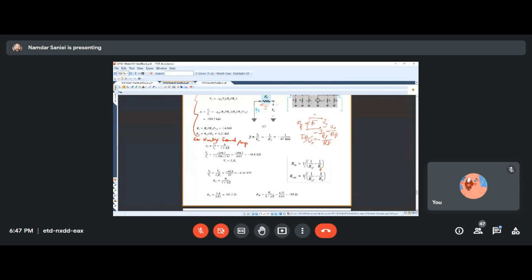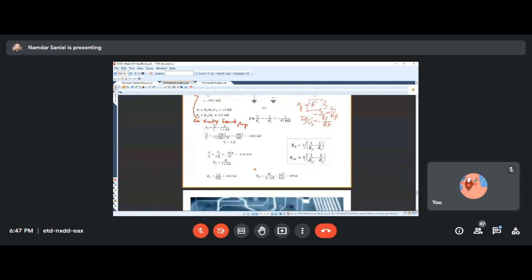I guess I'm not showing it here, right? I don't think I have the result of Rin, but in order to find the Rin, we have the RIF and we have the RS. We need to perform this.